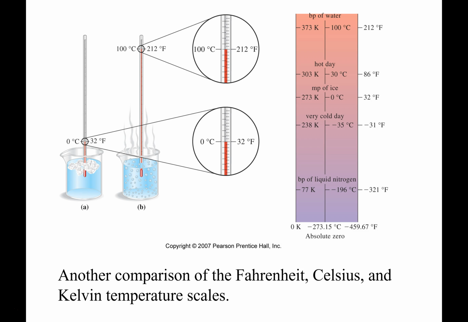So we have the 3 temperature scales here. We have the Fahrenheit, the Celsius, and the Kelvin. And I told you the Celsius and the Kelvin are offset by 100. So down here, when you're looking at 30 degrees Celsius, that's 303, which is 100. Actually, it's 273.